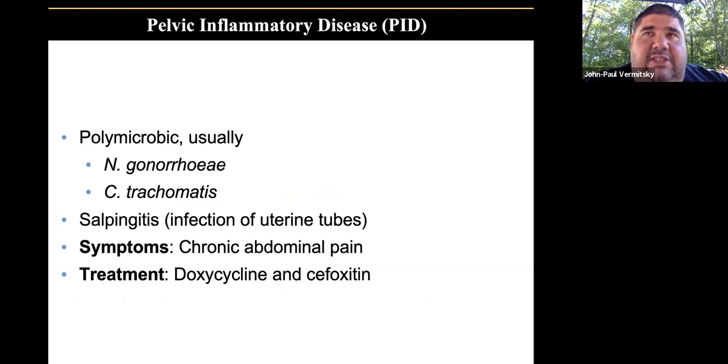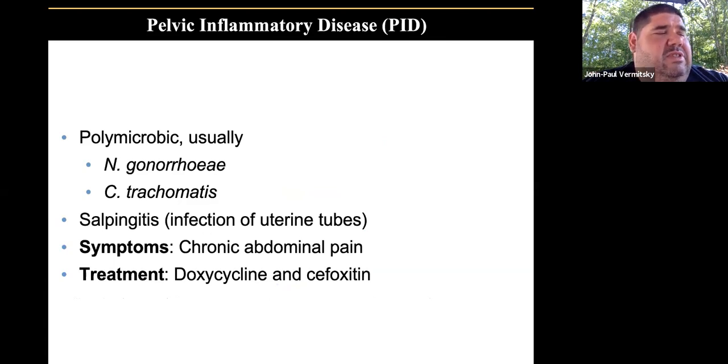So PID is something that can be caused in females by gonorrhea and chlamydia. And essentially it's chronic abdominal pain. This is where it has progressed to the point where most of the internal reproductive structures are infected and inflamed.